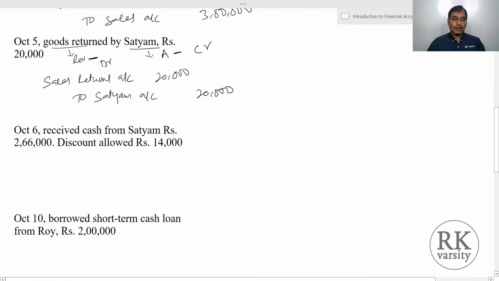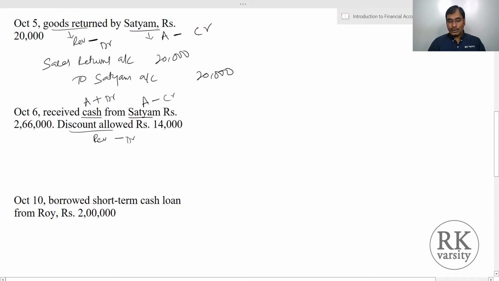Now on October 6th, received cash from Satyam. So cash is an asset, Satyam is also an asset, and here you allowed a discount. So discount allowed is a decrease in revenue. So increase in asset is debit, decrease in asset is credit, and decrease in revenue is debit.